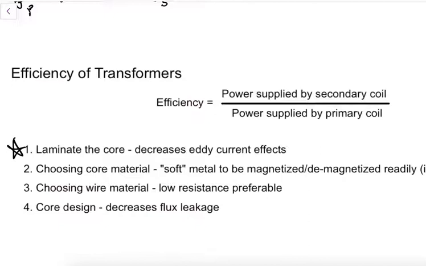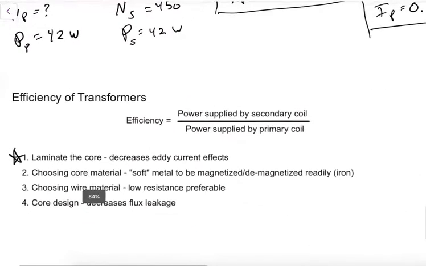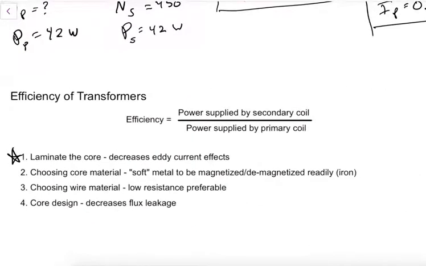Now, choosing the core material, this material needs to be what's considered a soft metal so that it can be magnetized or demagnetized readily, and that helps with the magnetic flux flow. So metals like iron do that. So a soft metal is important for the core.